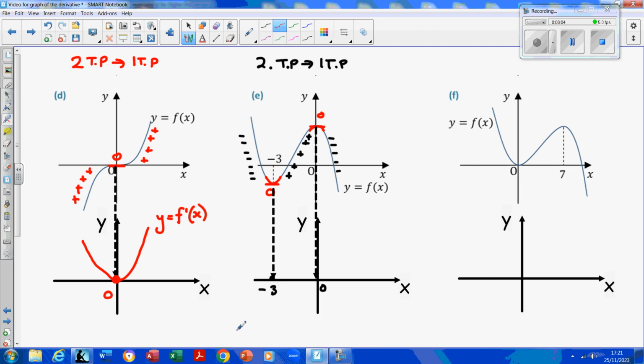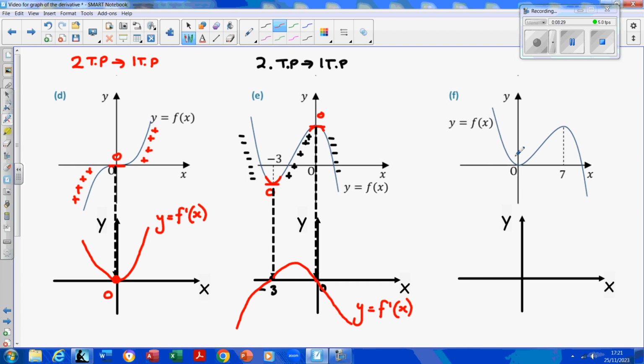So we'll draw it below like that. It comes up and it meets that 0. Then it tells me between the 2 turning points it's positive. So it goes above the axis, but it's got to get itself back to 0. And then after that one, it's downhill. So it goes down like that. And that's the graph of y is equal to f dash x.